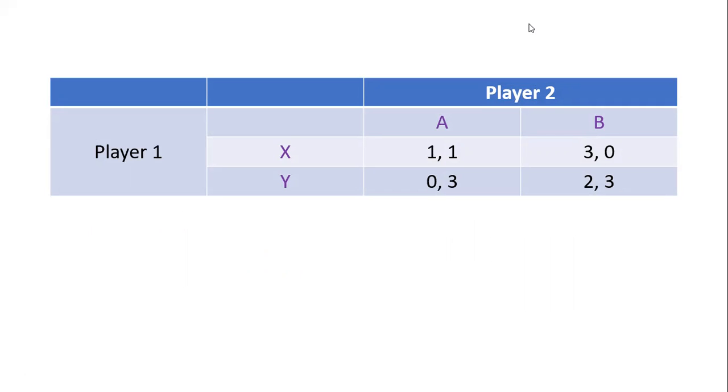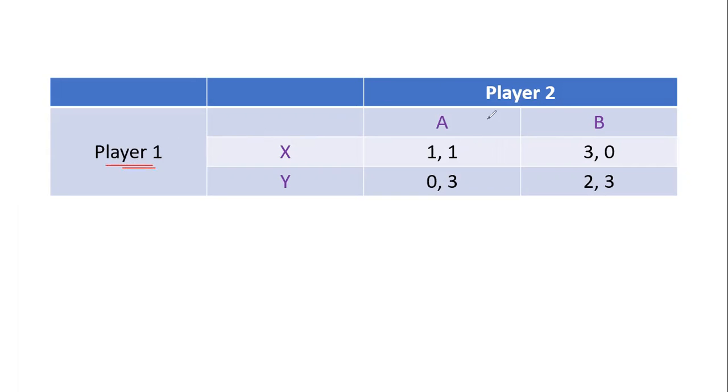The easiest way to check the Nash equilibrium is to underline the best response of each player against each possible response of the other player. Let's first do it and then move to the second stage. Let's do it for player 1.